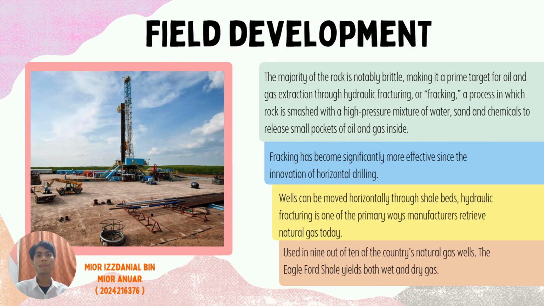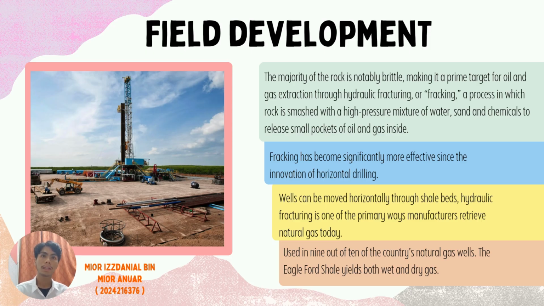For field development, the margin of the rock is notably bright, making it a prime target for oil and gas extraction through hydraulic fracturing, or fracking, a process in which rock is fractured with a high-pressure mix of water, sand and chemicals to release the small pockets of oil and gas inside.